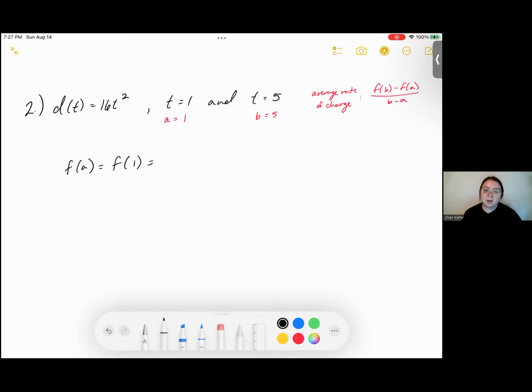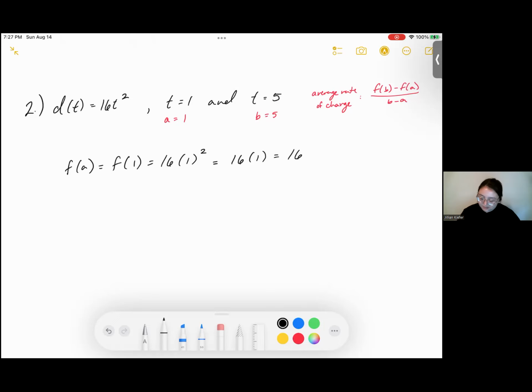It's going to work the same, but if you want to replace it with d instead, you could do that as well. So we have our function evaluated at 1. 16t squared, we're going to replace t with 1. So we're going to have 16 times 1 squared. 1 squared we know is 1. So we've got 16 times 1, which is still just going to be 16.